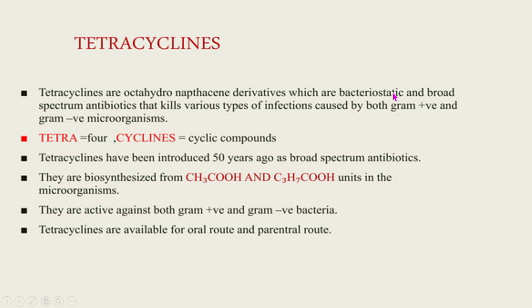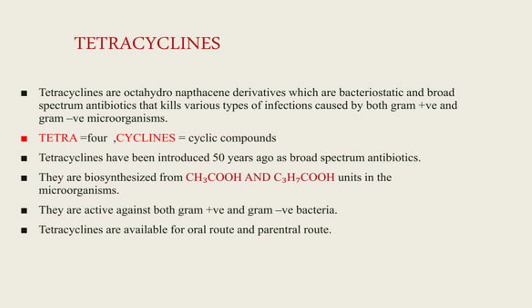Now the terminology bacteriostatic means they will stop the growth of bacteria, and this particular antibiotic is a broad spectrum antibiotic, which will stop the growth of bacteria as well as kill the bacterial cell.